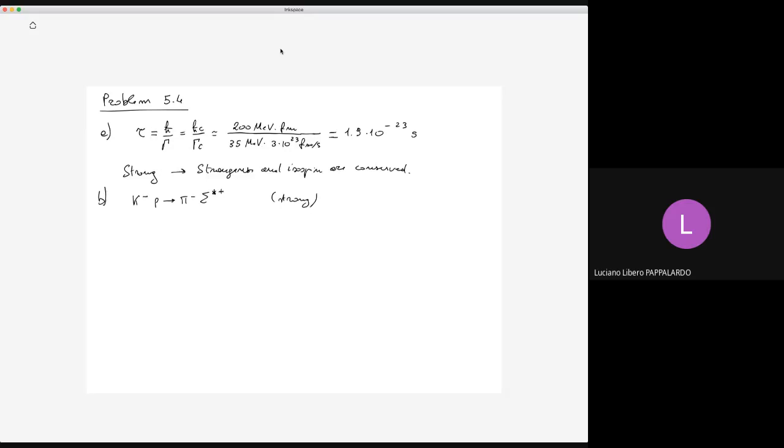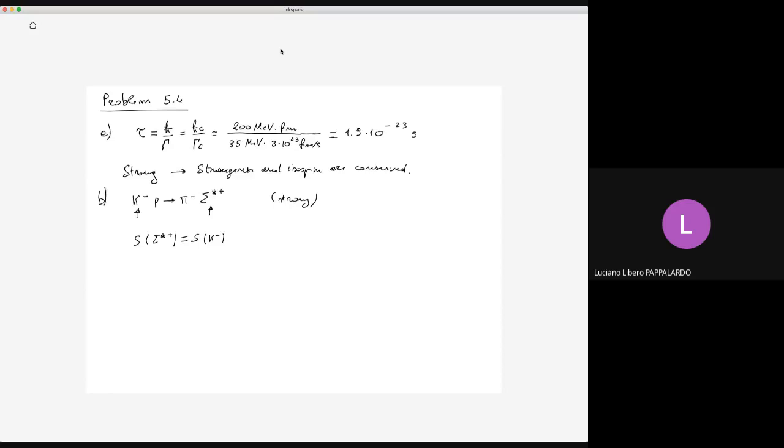So the strangeness has to be conserved in this reaction, and since the only strange objects are the kaon and the sigma, because the pion and proton, of course, have zero strangeness, then by strangeness conservation the strangeness of the sigma star must be equal to the strangeness of the K minus.